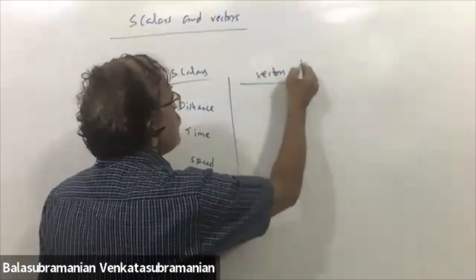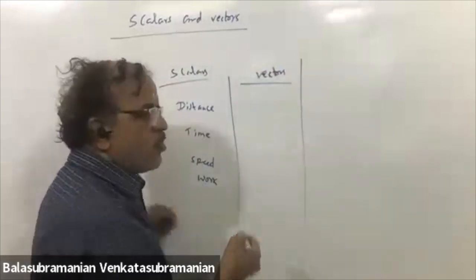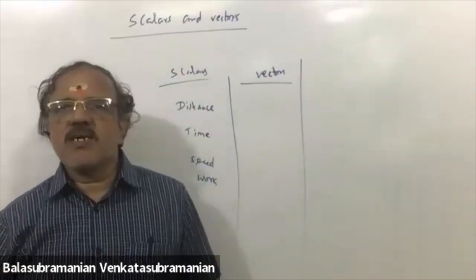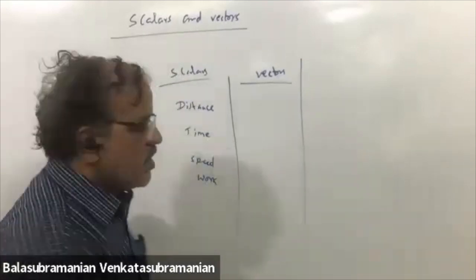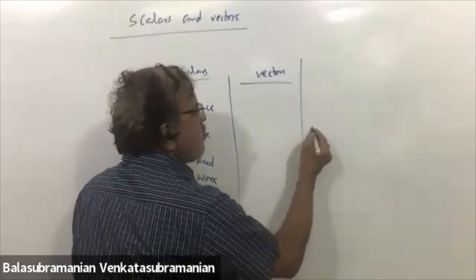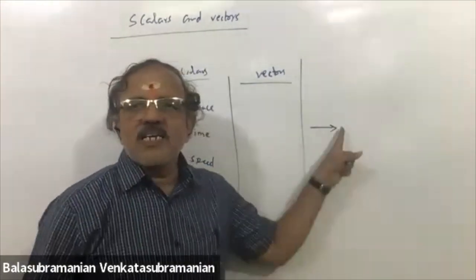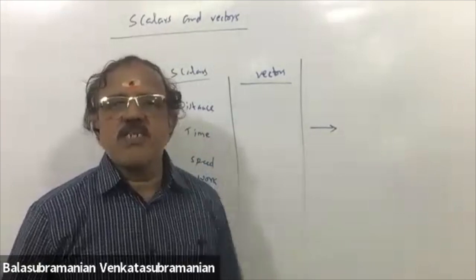Physical quantities which possess both magnitude and direction are called vectors. You have to represent a vector by a line with an arrow mark, a directed line segment, you can say.